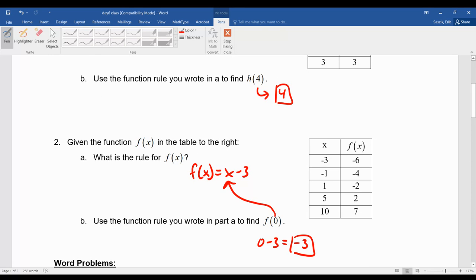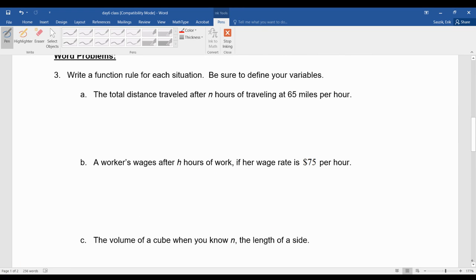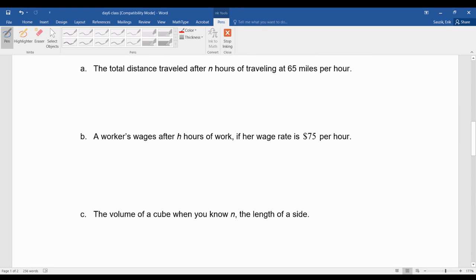Now to write a function rule, total distance traveled after n hours. So here we have our primary variables already defined for us. Then we have to define the function. They're asking us to write a function for the total distance traveled. So that would be, it always has to be of the primary variable. So d of n is total distance.